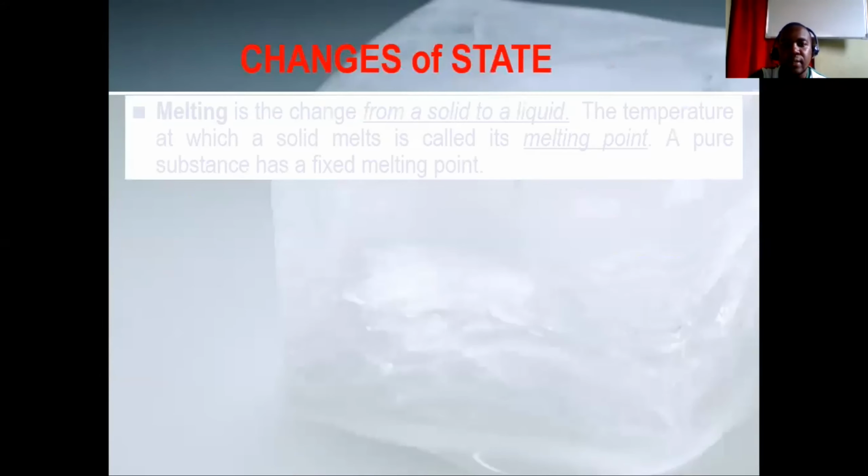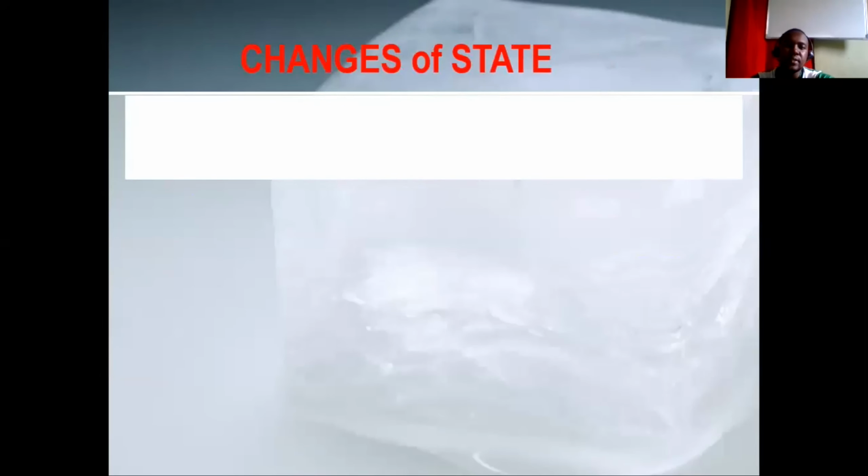All right, so we're looking at the different changes of state. Let's go through and see if you remember them all. Let's go from solid to liquid. What change is that? Melting. All right, liquid to gas: boiling or evaporation.